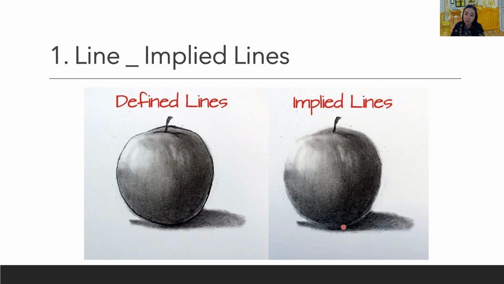Chiaroscuro means a value mask drawing with the lightness and the darkness shading technique. So that's called implied lines.